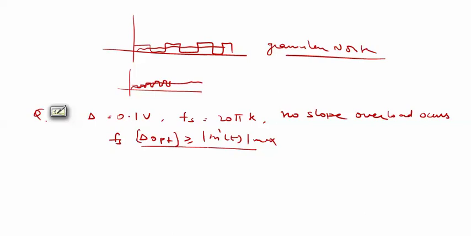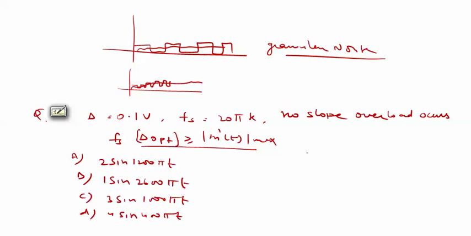The applied inputs are: A, 2 sin 1200πt, and so on. The slope of a sine wave is Am cos ωm t, and the maximum slope is Am ωm, which is 2π Am fm.